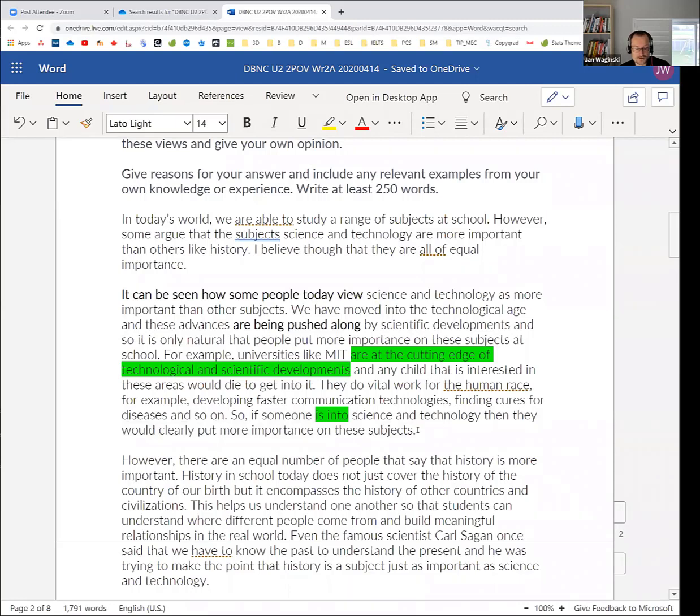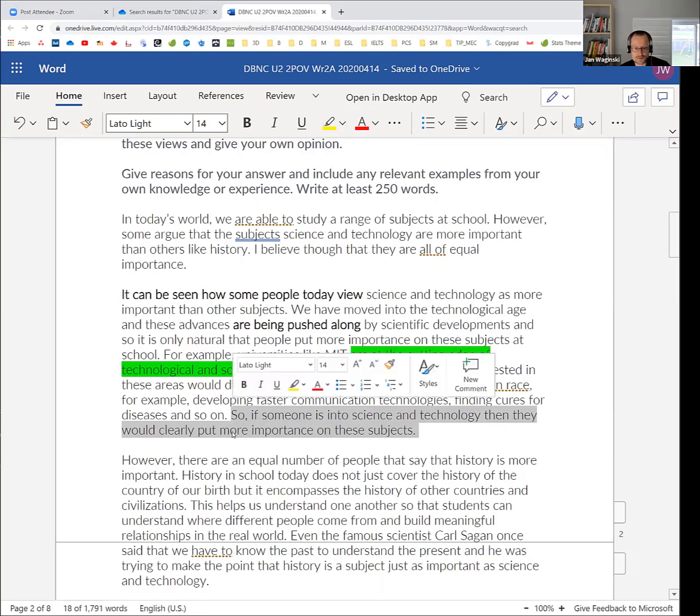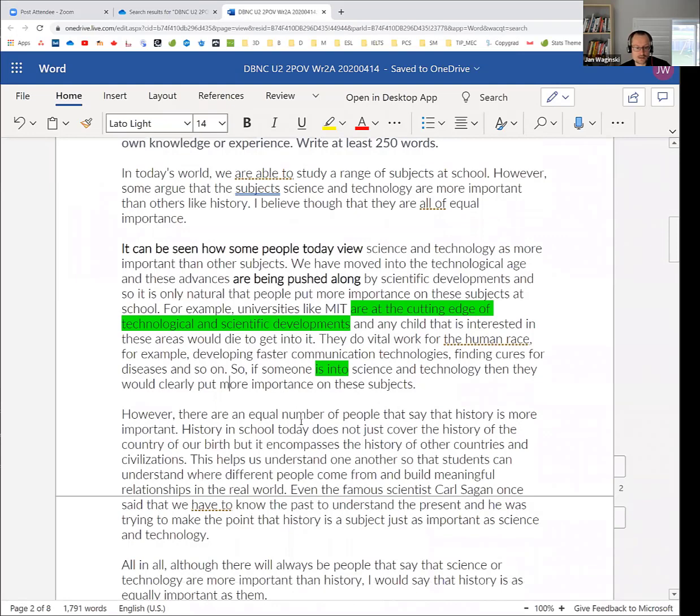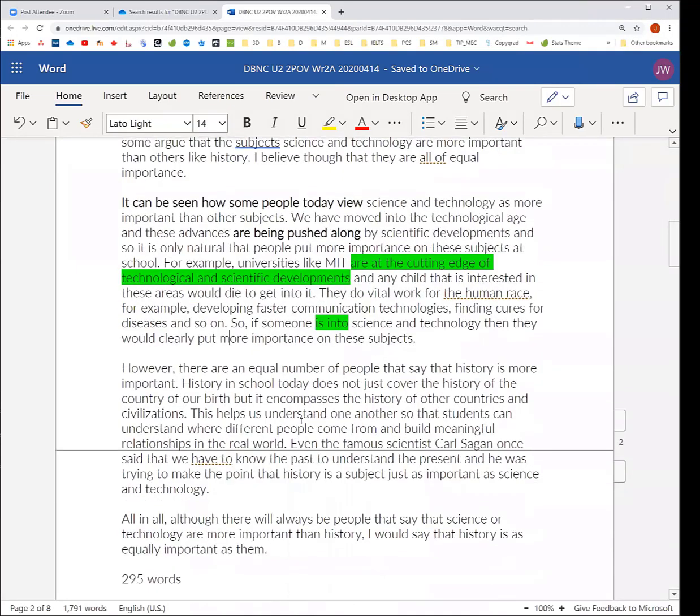Okay, so the final sentence, the significant statement, connects this paragraph to the prompt. Now let me get Allah to read the last part, second half. Okay. However, there are an equal number of people that say the history is more important. History in school today does not just cover the history of the country of our birth, but it encompasses the history of other countries and civilizations.